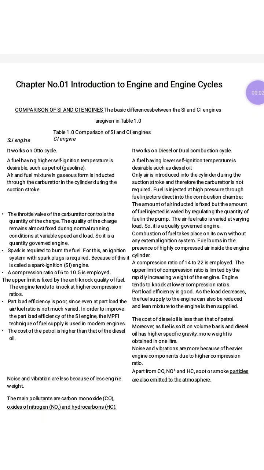Hi, welcome back. During this lecture, we will discuss the comparison of SI and CI engines. We have already discussed the working of SI and CI engines. First, the SI engine works on the Otto cycle, that is, the heat addition process takes place at constant volume.